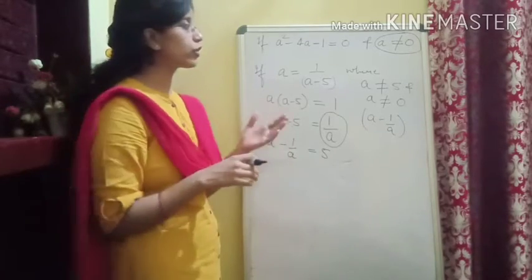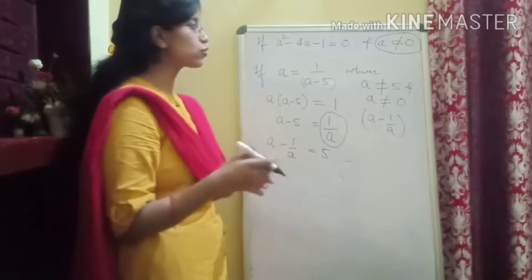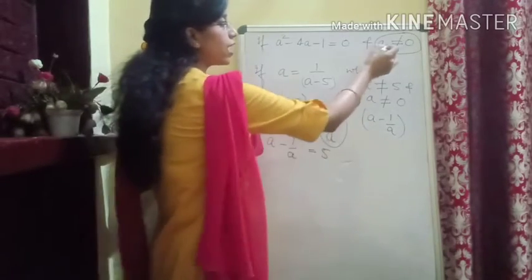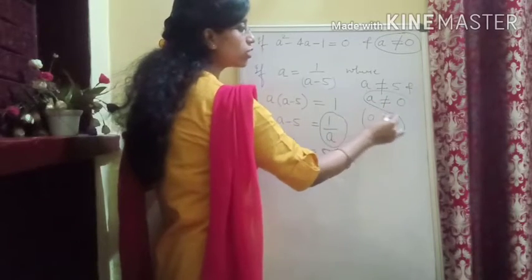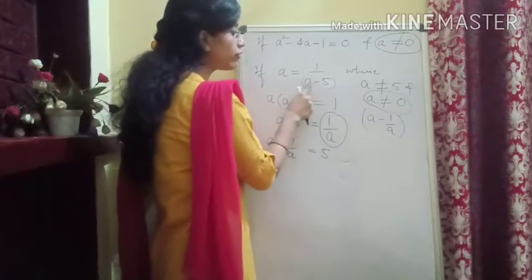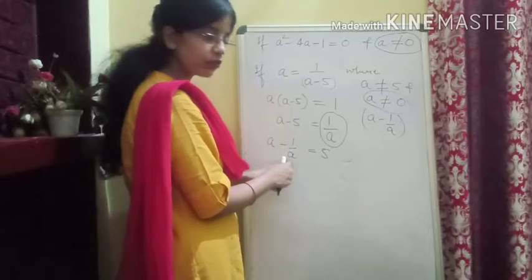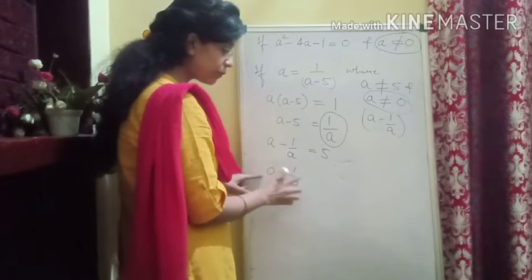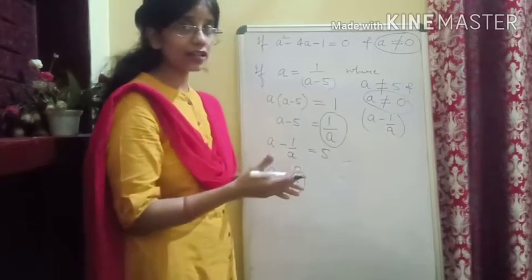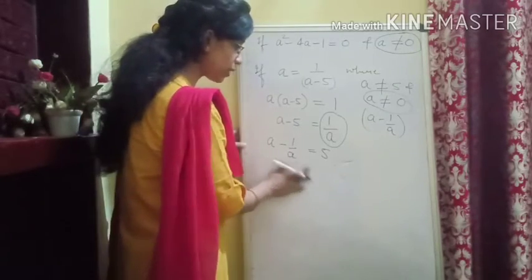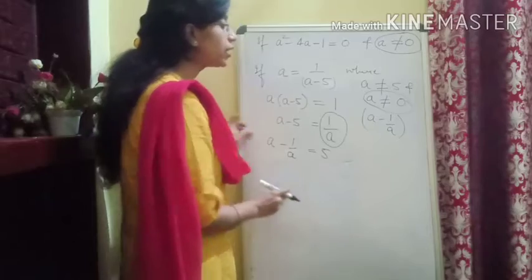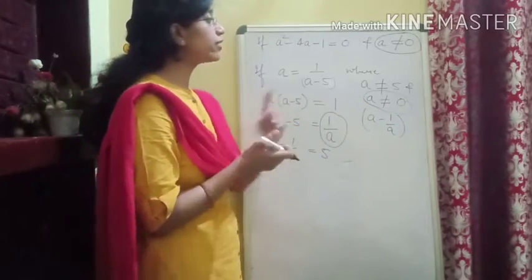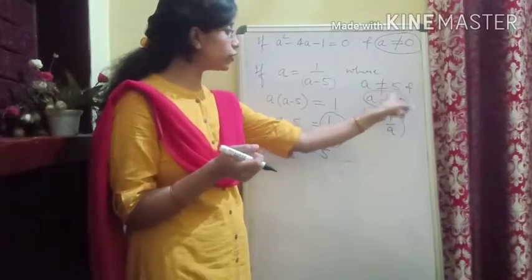The rest of the parts of the question are given, like you have to calculate a plus 1 upon a, and then a square minus 1 upon a square, and so on. Here, as we have learned, why is a not equal to 0? Because if you put a equals 0 here, this will be 0 minus 1 upon 0. So 1 upon 0 is not defined, and that's how you cannot define the question, and that's why the variable a cannot take the value 0. Also, one additional piece of information is given that a cannot take the value 5.